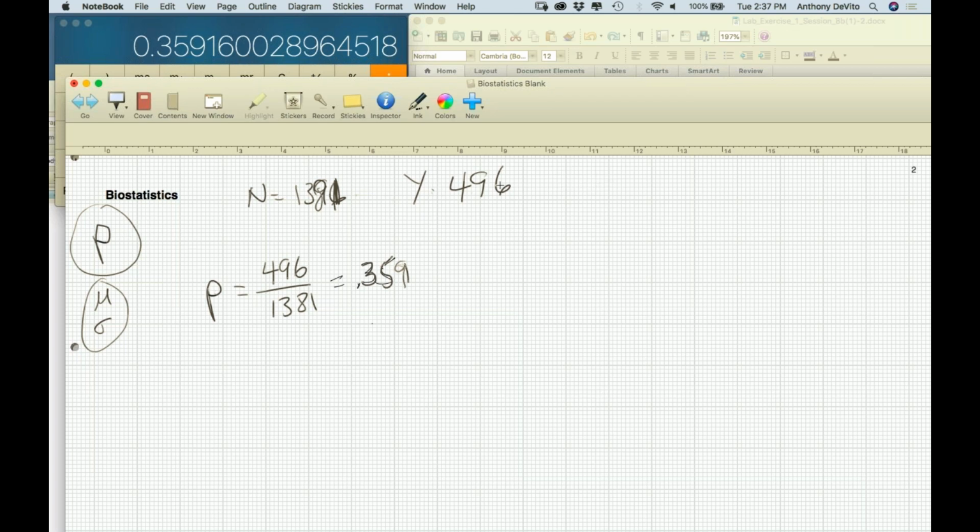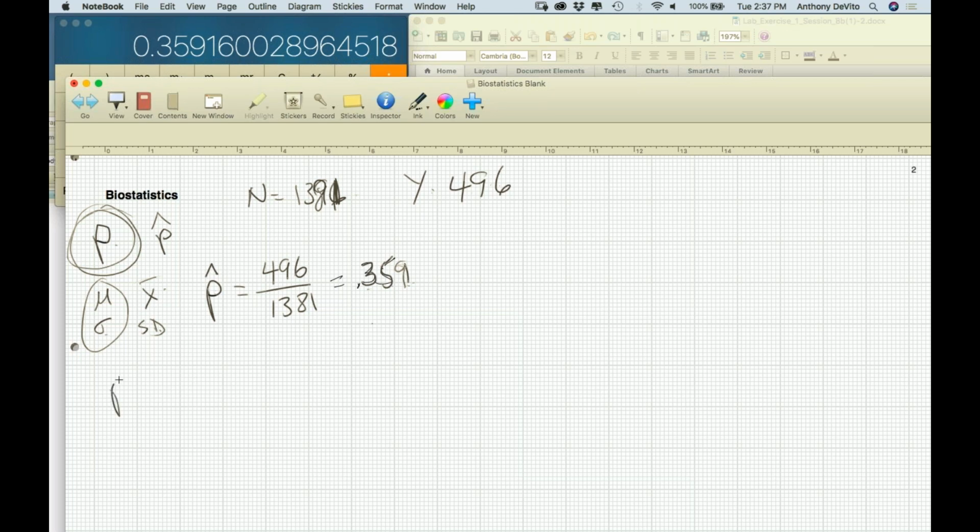So the proportion of the entire population, I usually use P. But just like when I take a sample, I use X bar and SD for the mean and standard deviation, I'm going to use something different to indicate that it's from a sample. I'm going to say P, but I'm going to put a cap on top of it, kind of like a bar on top of the X. So P cap is equal to 0.359.